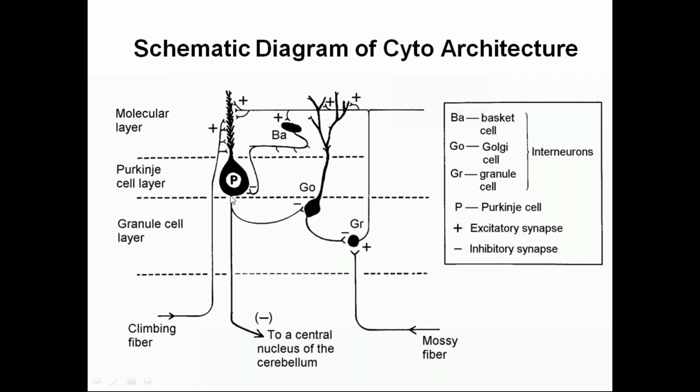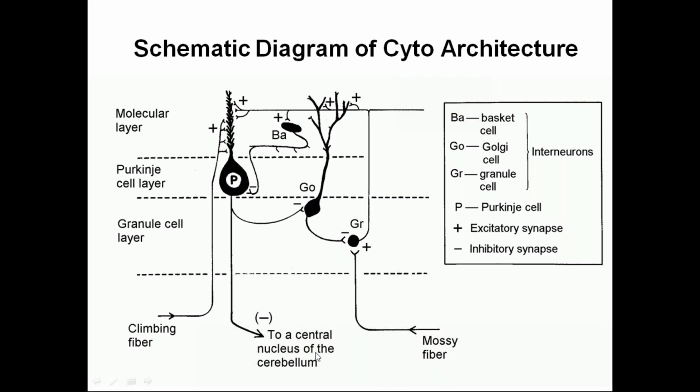The impulses which are all processed in the Purkinje cell body come down and go into the white matter and go out as efferent pathways from the cerebellum as cerebellar olivary, cerebellar spinal, cerebellar cortical. All these fibers going out are from the Purkinje cell, going to the deep-seated nuclei and then going out.